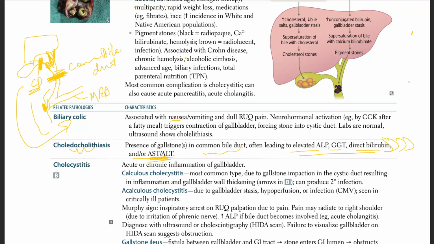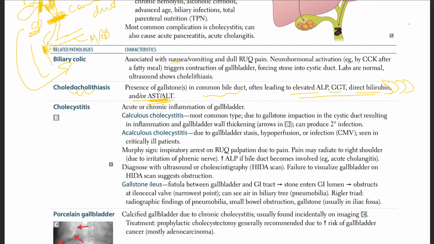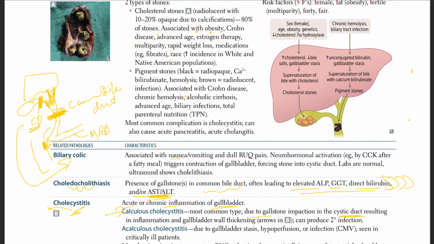Now let's talk about the other thing. Cholecystitis, acute or chronic inflammation of the gallbladder. The most common type is due to a gallstone impacting the cystic duct, right here, resulting in inflammation and gallbladder wall thickening.